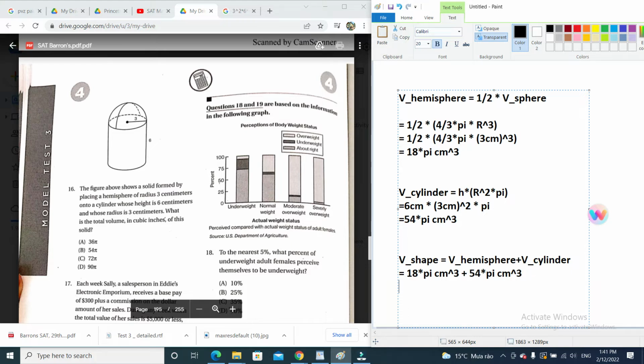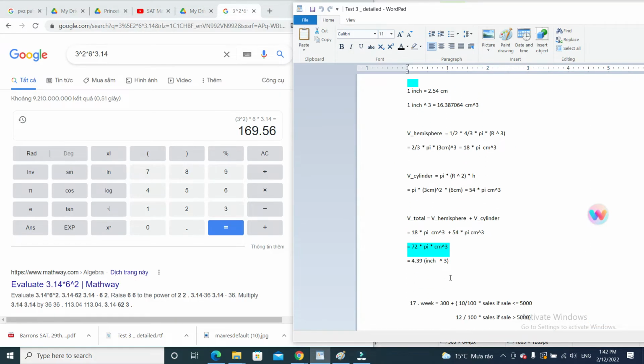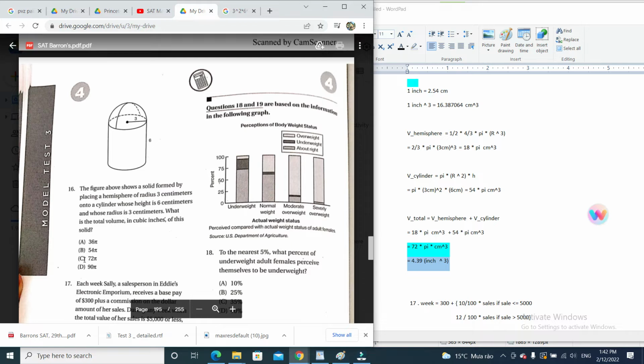So that's 72 pi centimeters cubed. Converting to inches gives about 4.39 inches cubed, but in the answers we don't have 4.39.